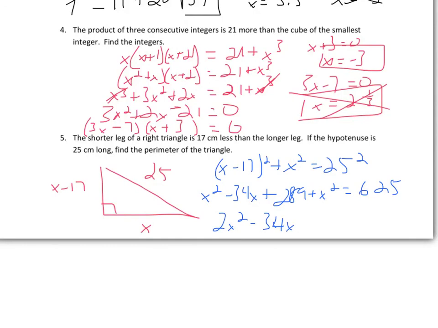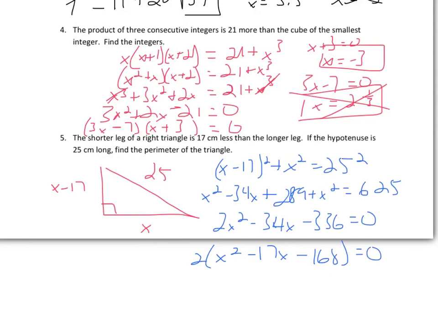We have to subtract our 625 over, so you do 289 minus 625, and you'll get minus 336 equals 0. Definitely want to factor out a 2 there. So 2 times x squared minus 17x minus 168 equals 0.